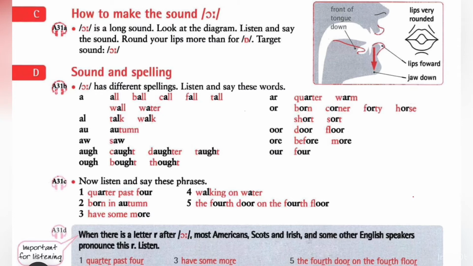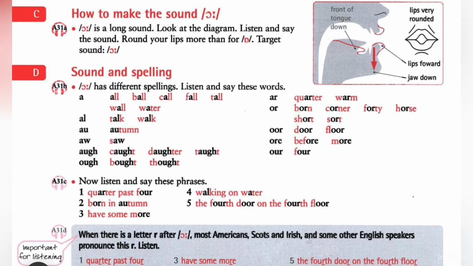The vertical position of the tongue is in the middle. So the front of your tongue is down, but the back of your tongue is in the middle of your mouth. Good. So your lips should be a little bit more rounded than for the previous sound. You have to round up your lips a little bit more.